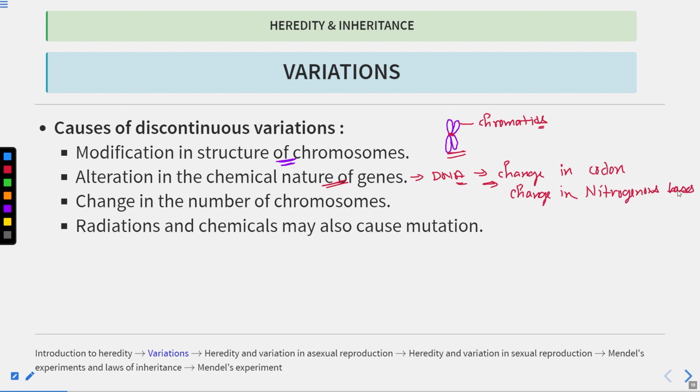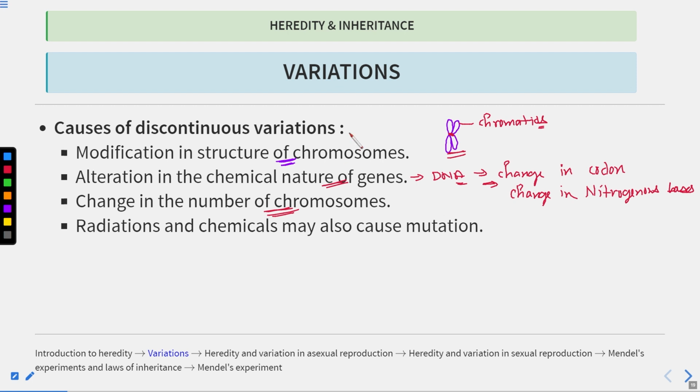Next is the change in the number of the chromosomes. If the number of chromosomes changes, then it can also lead to discontinuous variations. Usually the normal number of chromosomes is 46. But sometimes there can be a decrease in the number of chromosomes, or an increase, or sometimes the entire chromosome set can double.